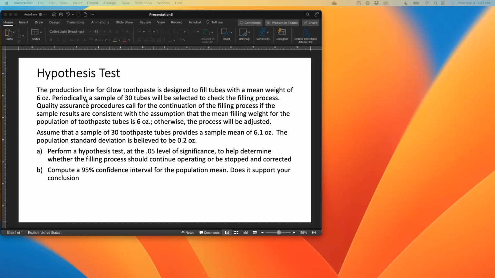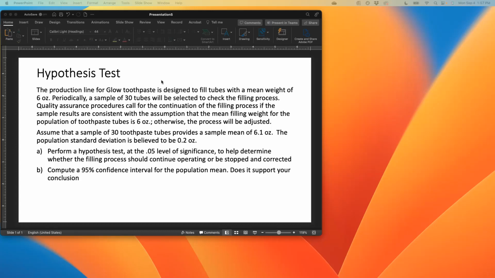Periodically, a sample of 30 tubes will be selected to check the filling process. Quality assurance procedures call for the continuation of the filling process if the sample results are consistent with the assumption that the mean filling weight for the population of toothpaste tubes is 6 ounces. Otherwise, the process will be adjusted.